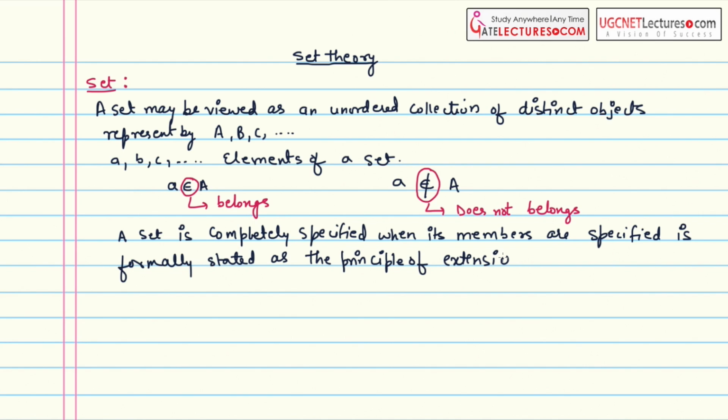So if we formally specify the members of the set, then it is called the principle of extension, and we are completely determining a set.